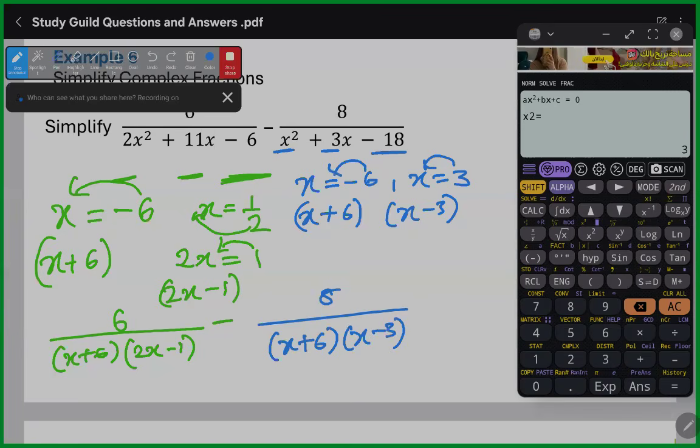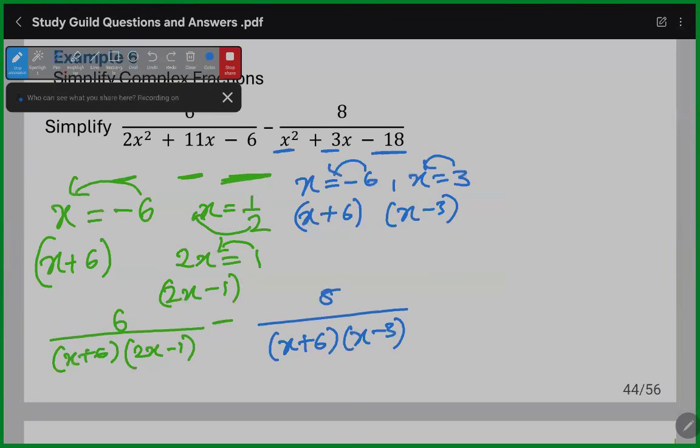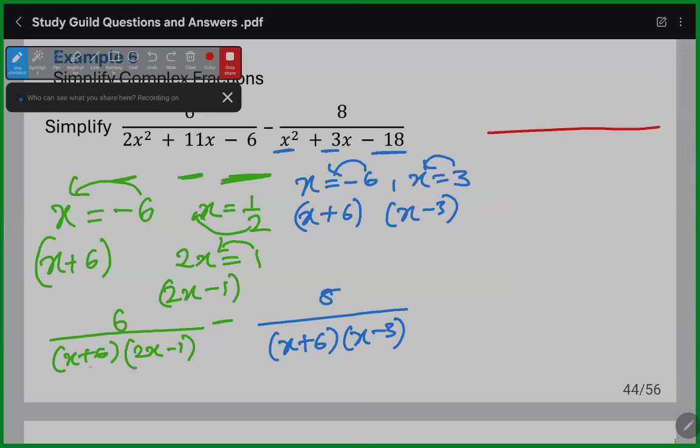All right? So let me remove my calculator. I'm done with it. So I can use my LCD. So using LCD now, I have x plus 6, 2x minus 1. x plus 6, 2x minus 1. x plus 6, I'm not going to write it again because I already wrote it here.